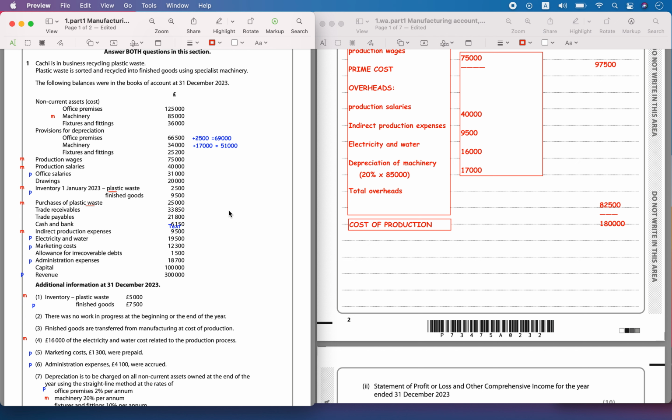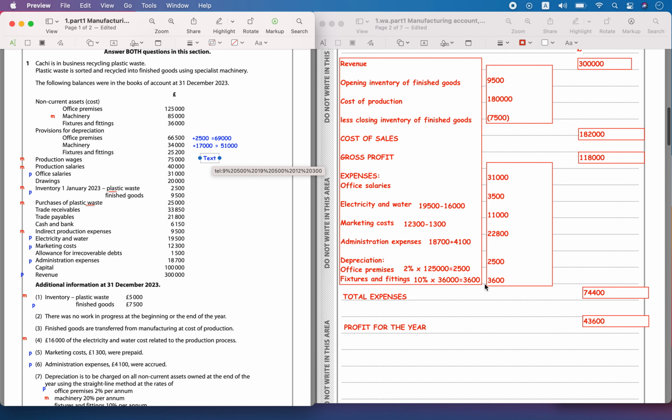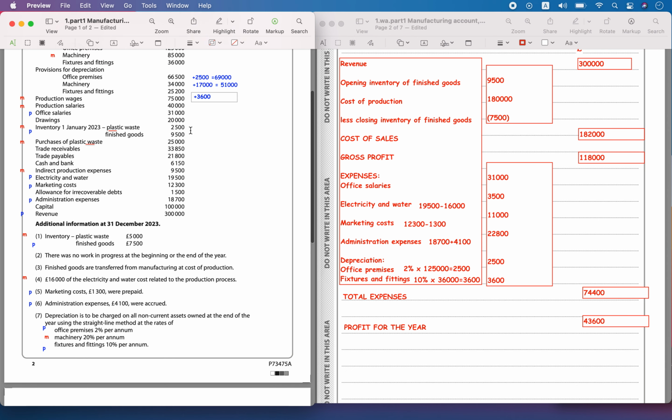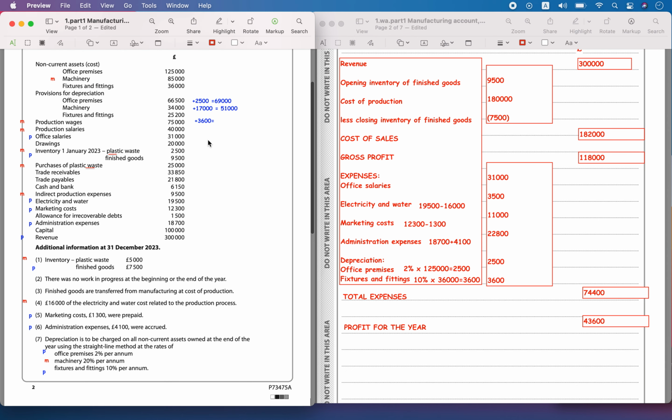And then you have fixtures and fittings. For the fixtures and fittings, this year's depreciation was around 3,600. So 25,200 plus 3,600 is 28,800.